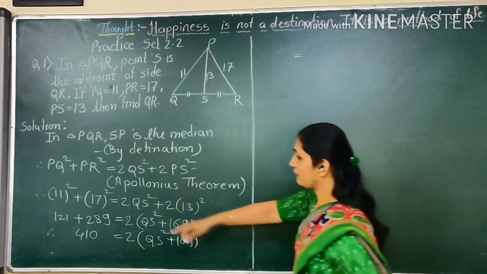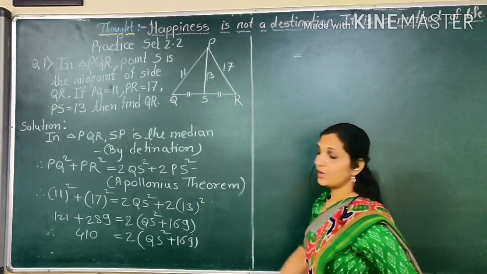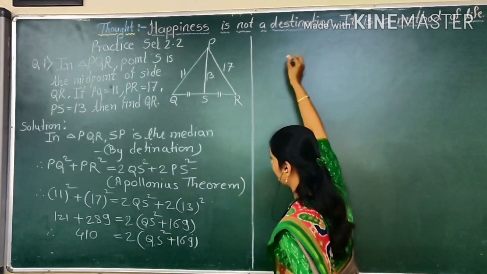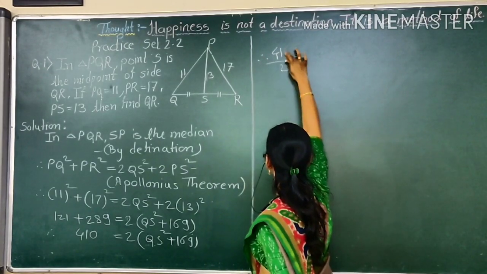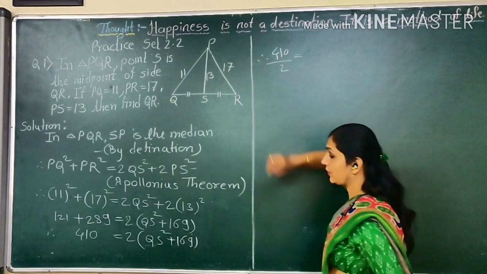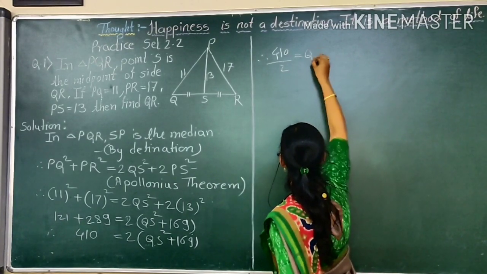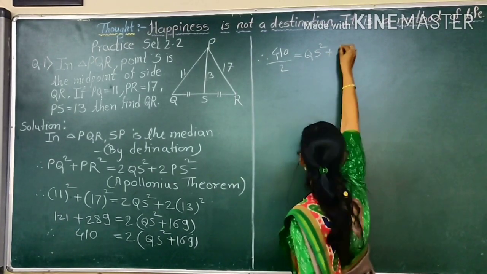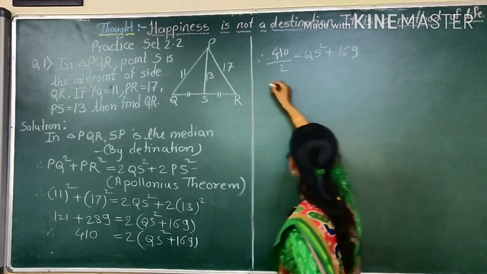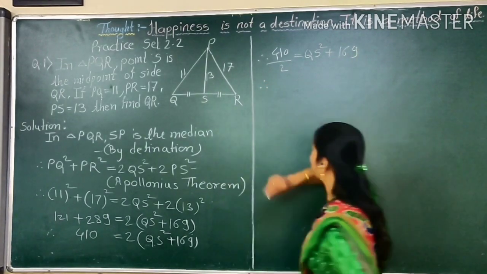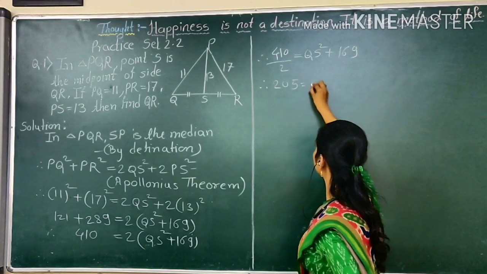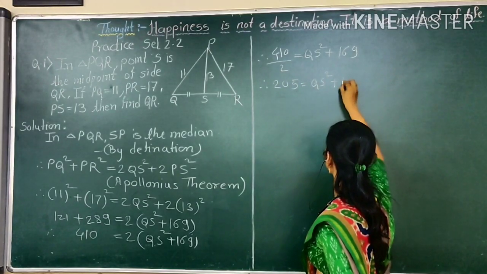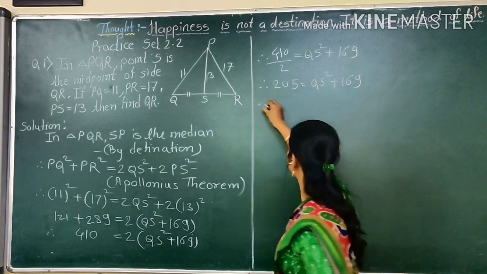Then we can divide by 2. So 410 upon 2 is equal to QS square plus 169. Therefore, let's divide. 2 ones are 2, 2 fives are 10, so 205 equals QS square plus 169.